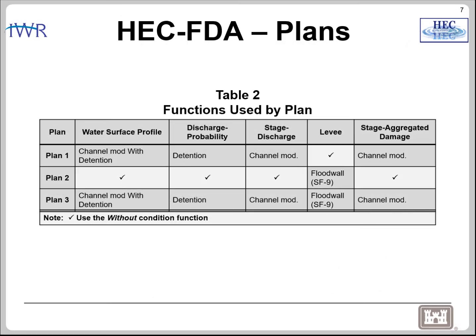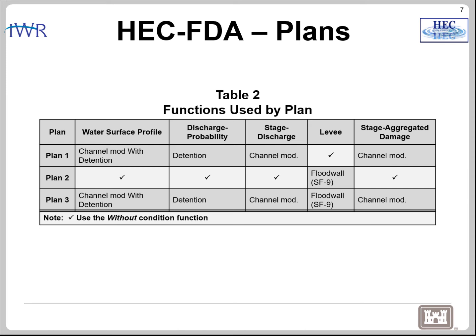Table 2 provides an overview of the functions used by Plan in Workshop 6. For example, Plan 2, when I said that you're using the global assignment copy for the water surface profiles, the discharge probability, the stage discharge, and the stage aggregated damage, you're using the without project conditions function. I want to reiterate that the workshop instructions are provided data type by data type.